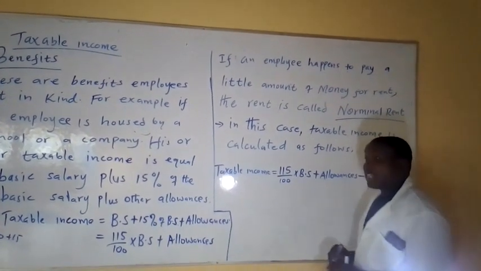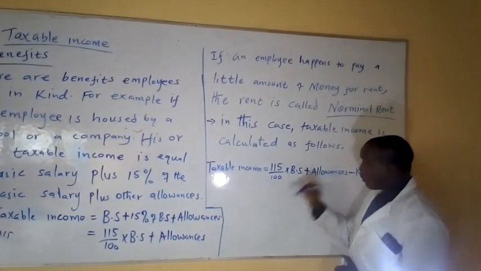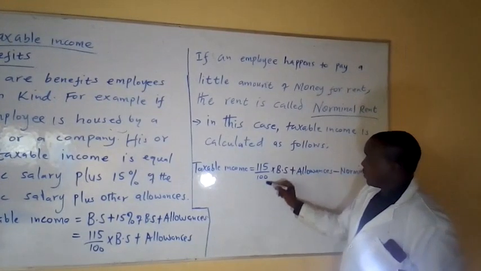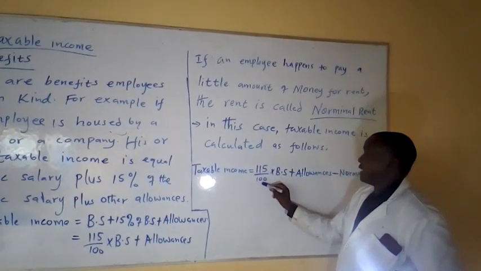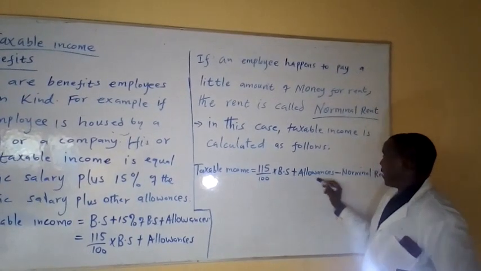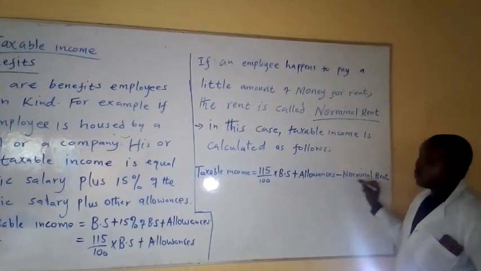So if an employee is paying nominal rent, therefore, taxable income is equal to 115 over 100 times the basic salary plus allowances, and then you subtract the nominal rent.